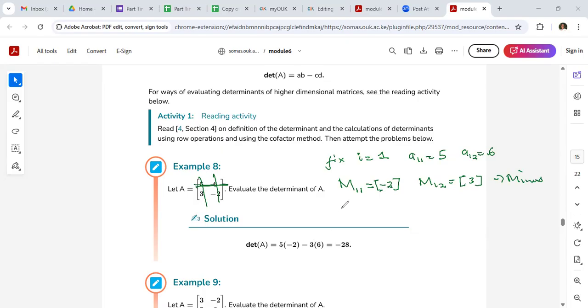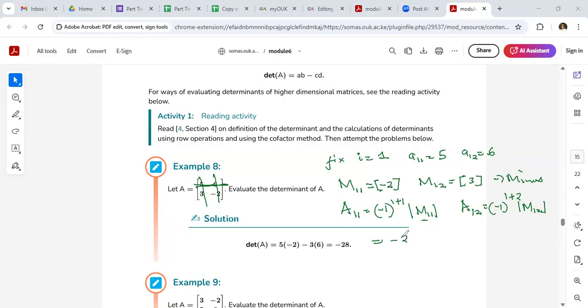Then the next thing is to find the cofactors. A11 would be -1 raised to power 1 plus 1, times the determinant of M11. And A12 would be -1 raised to power 1 plus 2, times the determinant of M12. What's the determinant of M11?